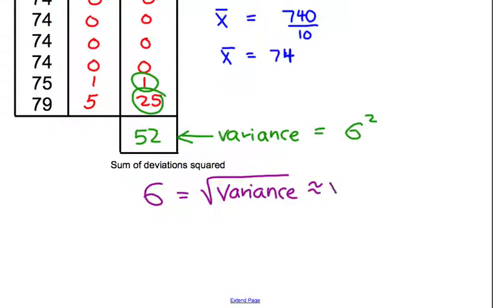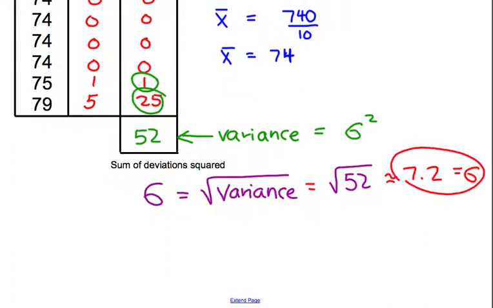All right, so we take the square root of 52. There should be an equals there, not an approximate yet. All right, so we plug it into our calculator, the square root of 52. It is approximately 7.2. This is our standard deviation. So our standard deviation is 7.2, and our variance is 52.